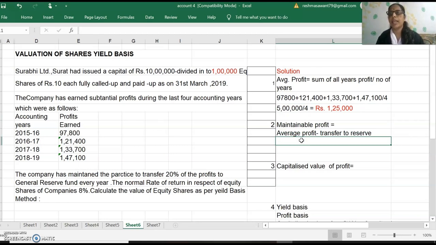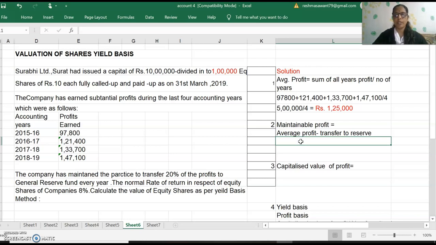Maintainable profit is calculated with the formula average profit less transfer to reserve or any fund. In this question, they provide that the transfer is 20% of profit. So make sure it is 20% of 1,25,000.